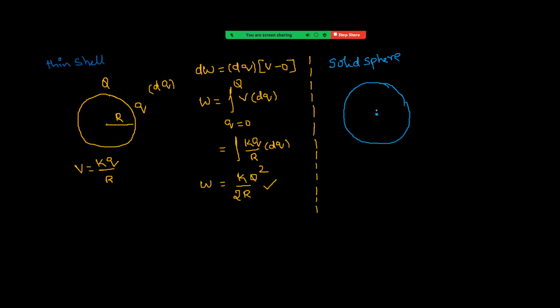Now we are bringing small dq charges from infinity and placing them in the entire volume. So finally, the charge is in the entire volume and the distribution is uniform. In the process of bringing these charges, work is done and that work is stored in the form of potential energy. Now see how to calculate this.